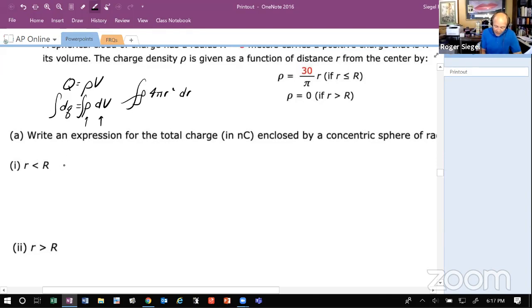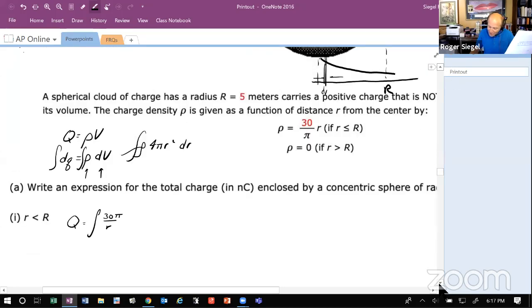So over here, we're going to add up Q, and that's going to be the integral of rho. Well, let's go ahead and say what rho is. Rho is 30 pi over r. I'm sorry, 30 pi times r.